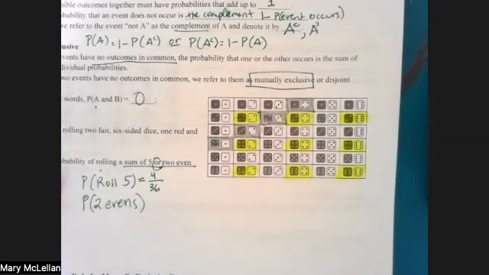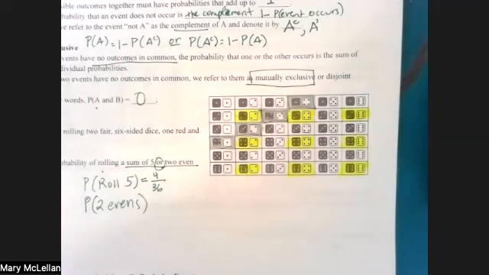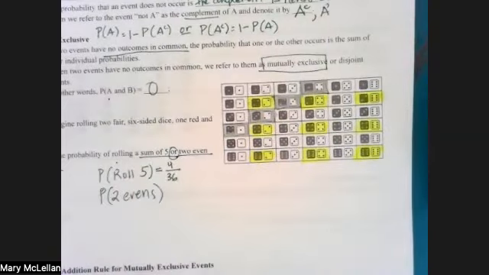And it looks like there are 9 ways that I could roll 2 even numbers. So the probability that I roll 2 evens is equal to 9 out of 36.